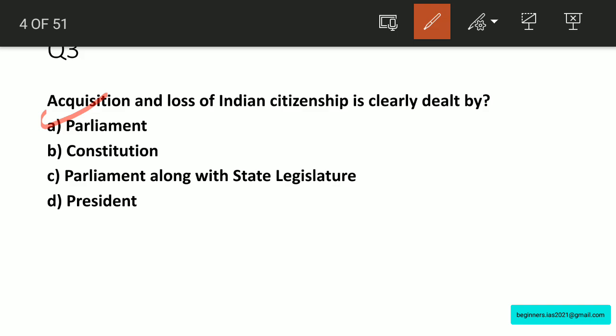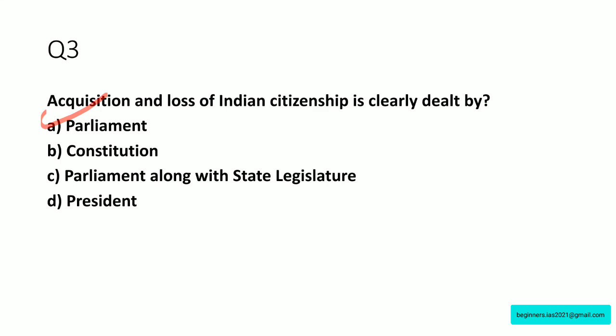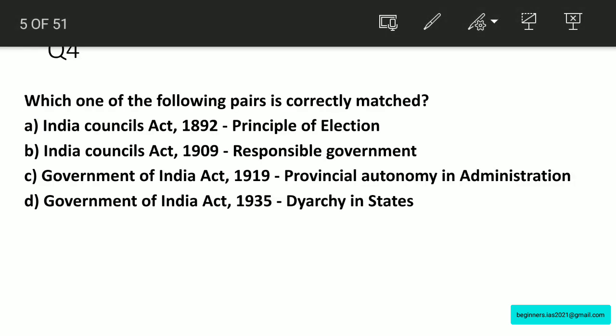And what are the ways of losing citizenship? There are three ways: renunciation, termination and deprivation. So based on our discussion, the answer for question number 3 is Parliament, that is option A. Let us move on with question number 4.